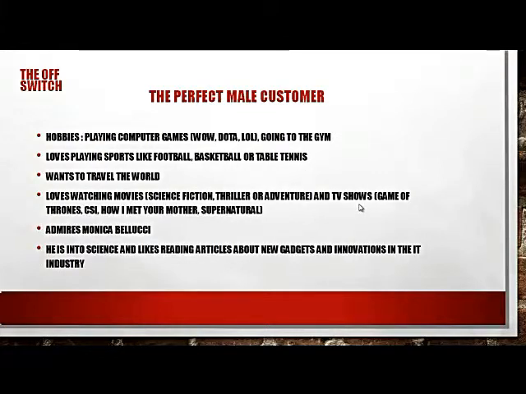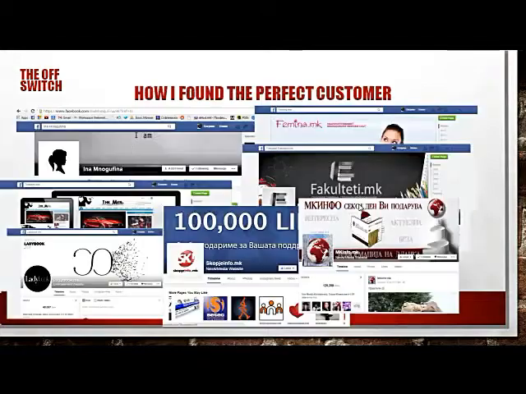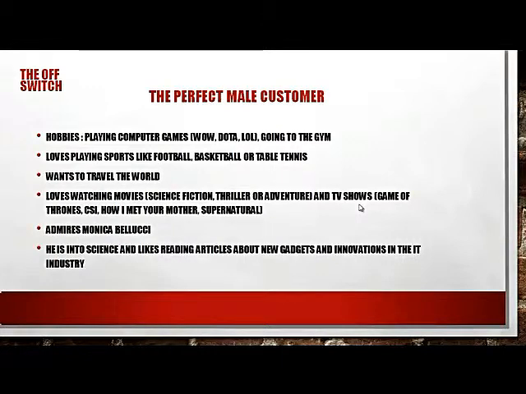Hobbies: playing computer games, loves Dota, LOL, everyone knows that. Going to the gym, loves playing sports in his free time, like football, basketball, or table tennis.